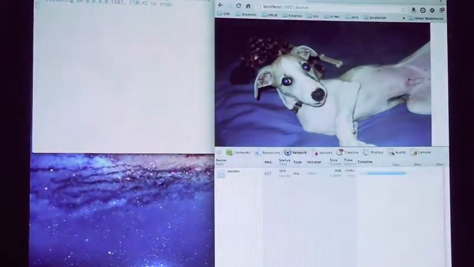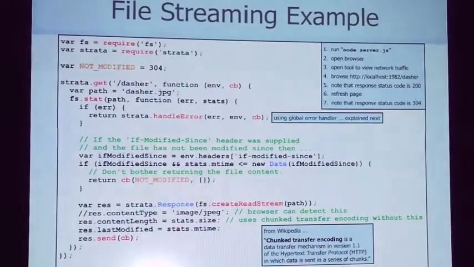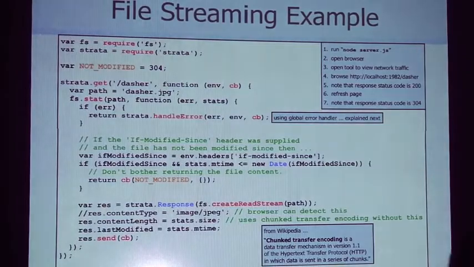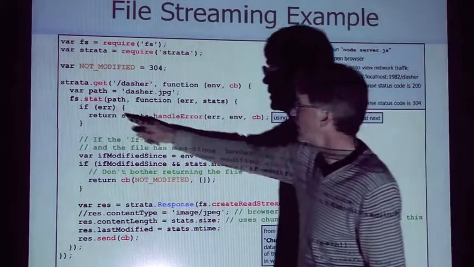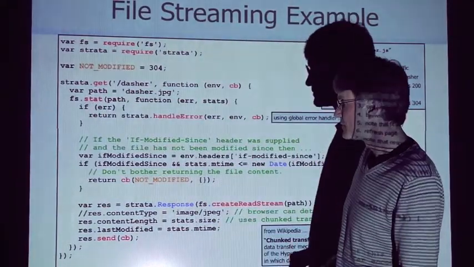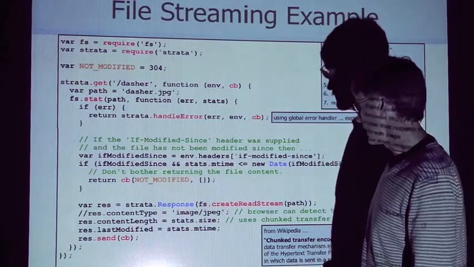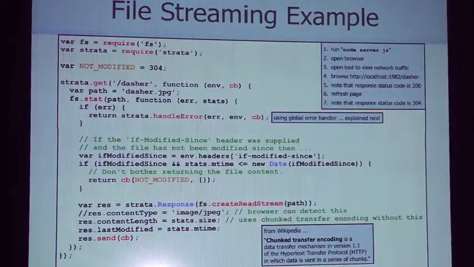What is the nature of that Strata.response? I mean, you're using it as a function, so clearly it's a function. Down at the bottom, var res equals Strata.response. Is it just a constructor?